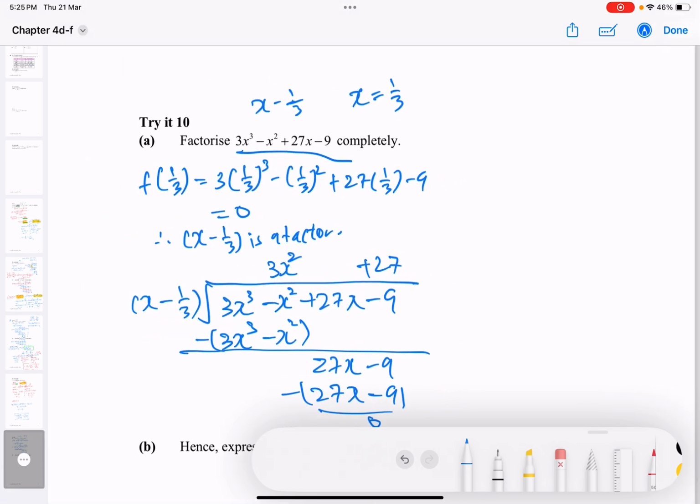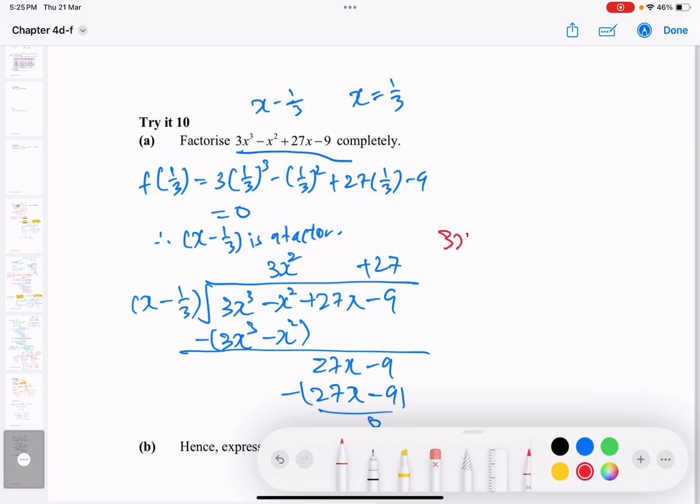So what we know in this case is that 3x cubed minus x squared plus 27x minus 9, when you factorize it completely, is x minus 1/3 times 3x squared plus 27.